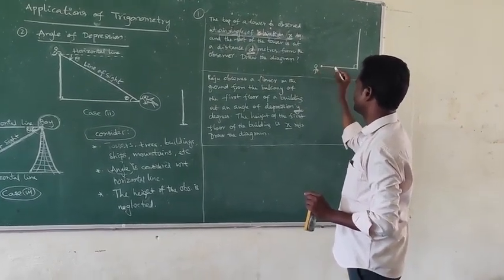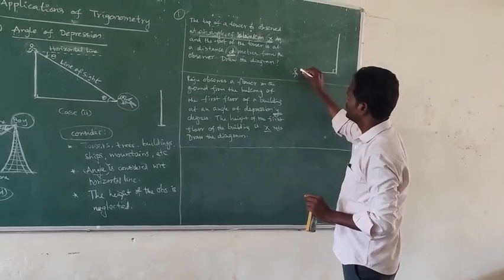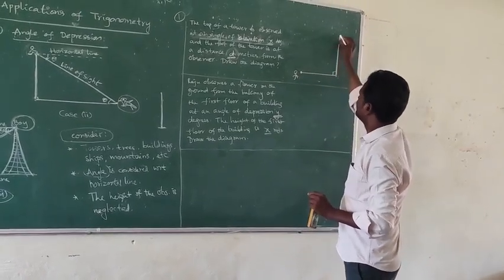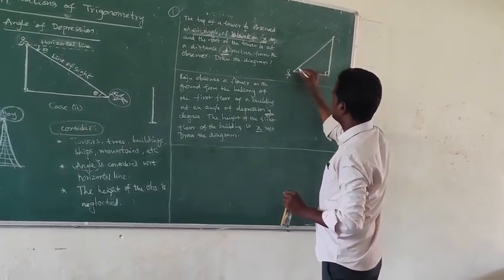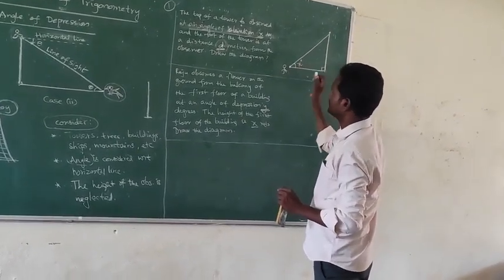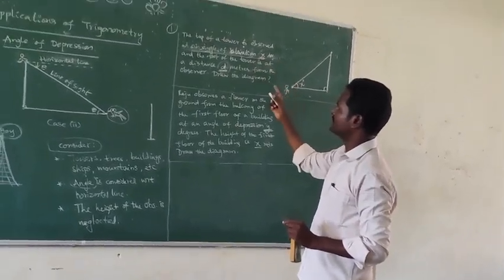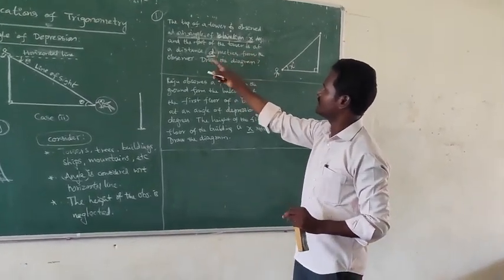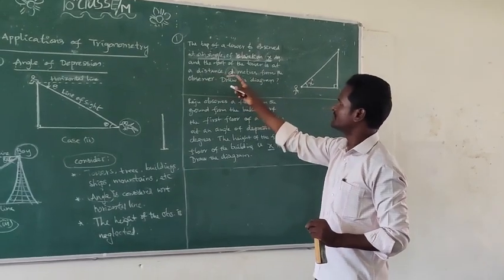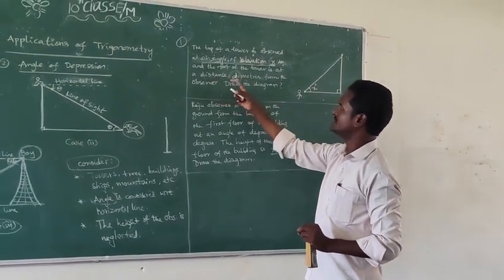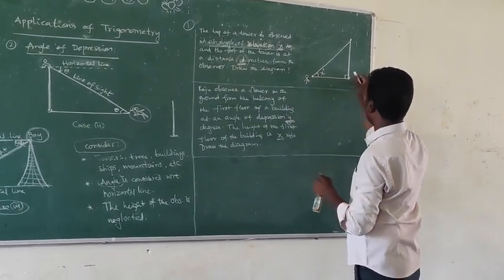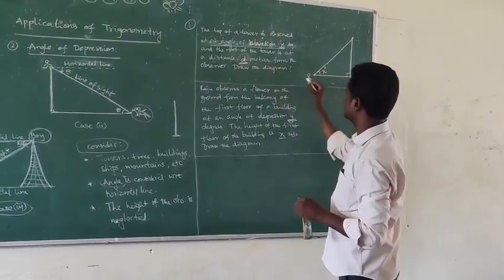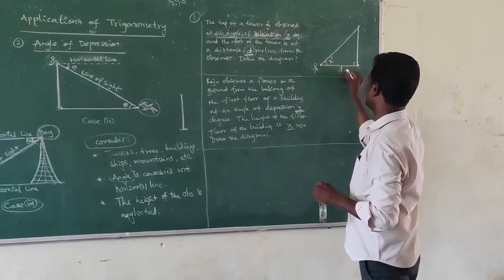The observer is observing the top of the tower with an angle of elevation of x degrees. Another piece of information is also given in the problem: the distance between the observer and the foot of the tower is d meters.